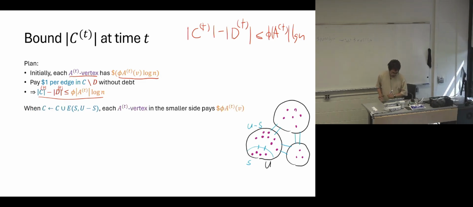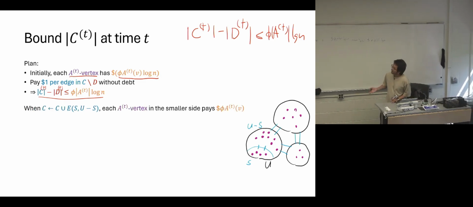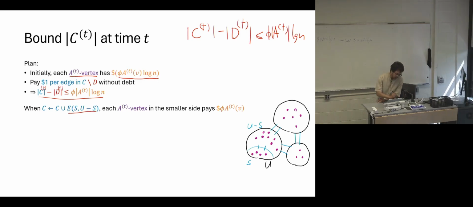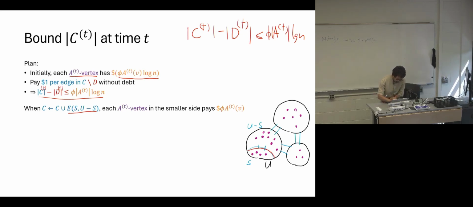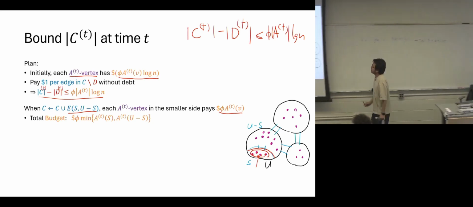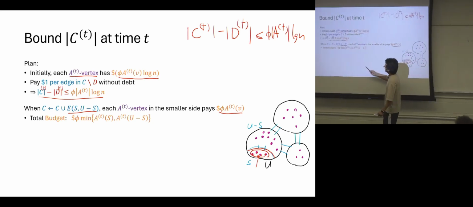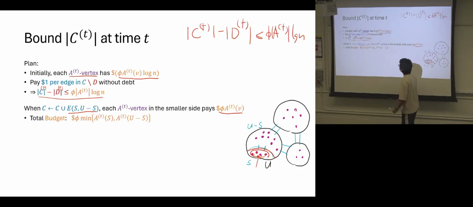And so how would you pay it? The same way. When you find a new sparse cut, every node on the smaller side pays this much, and this gives the total budget of at least this much.